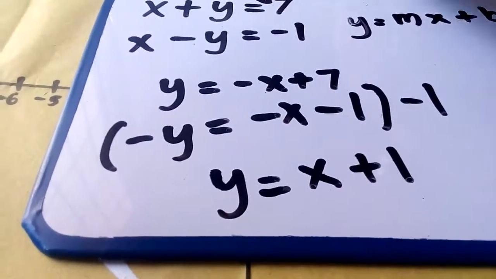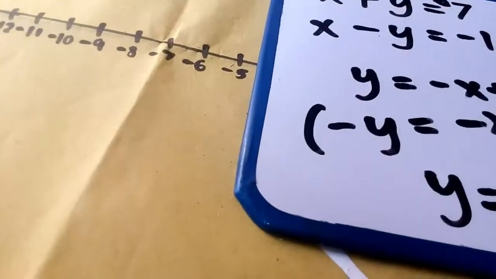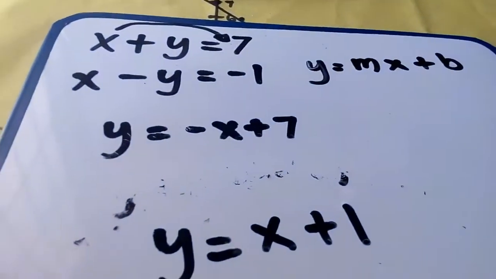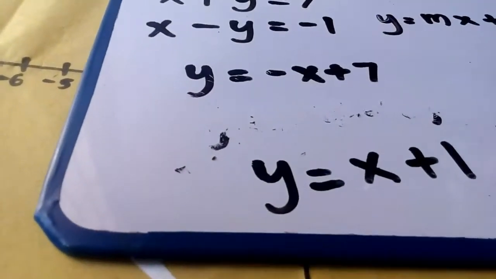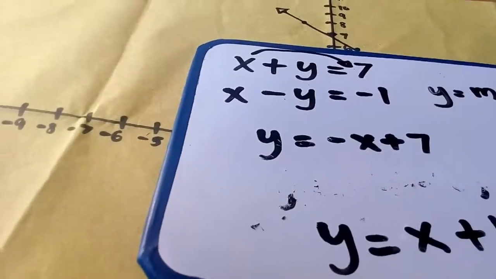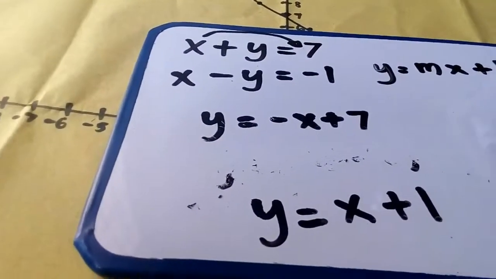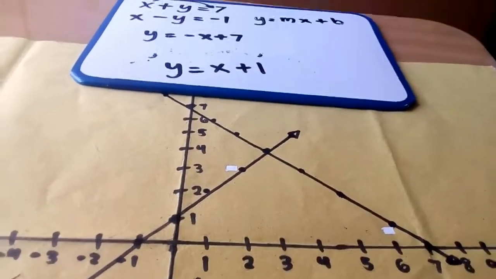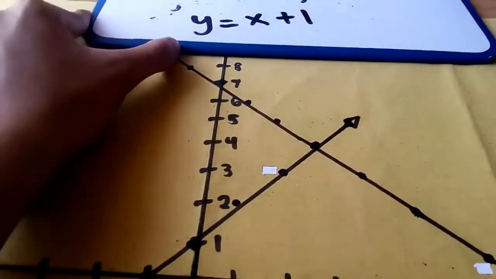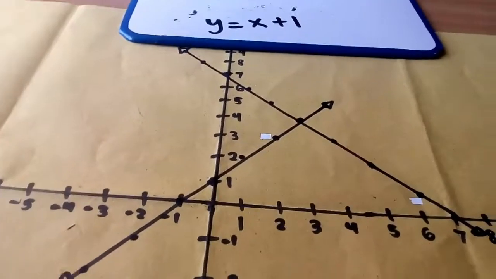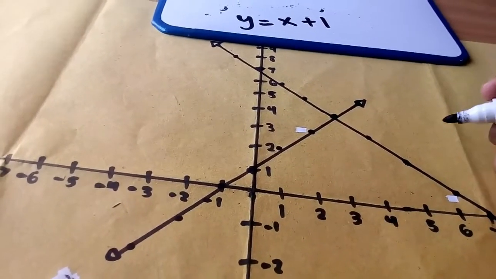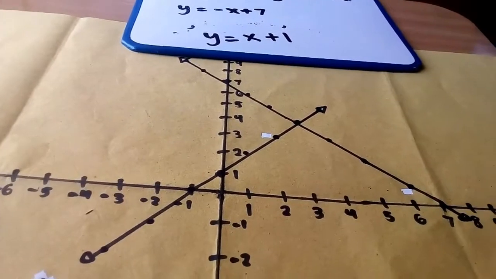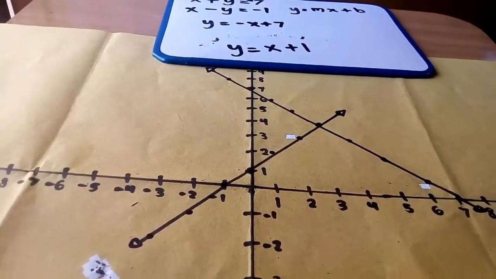So now we have our two slope-intercept form equations. We can graph them. As you can see, I already have graphed the entire system, if you would.